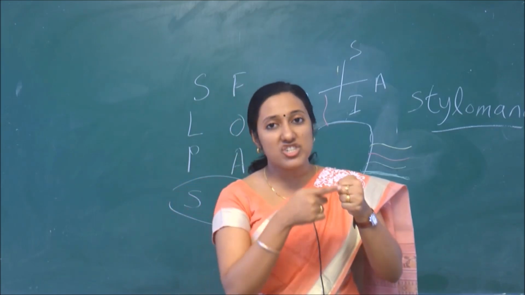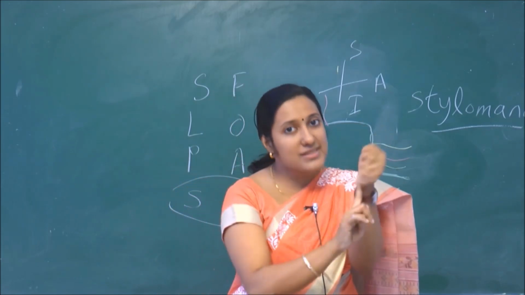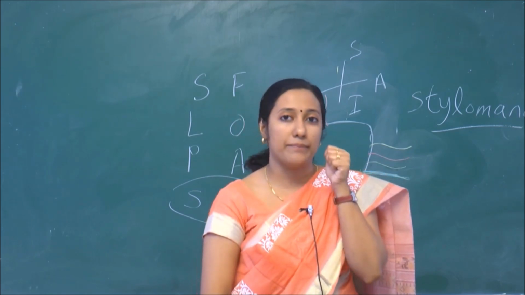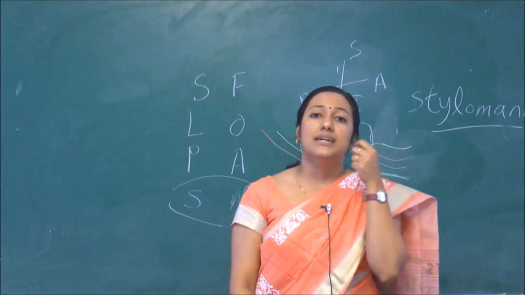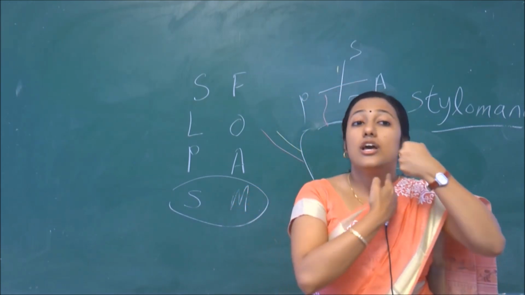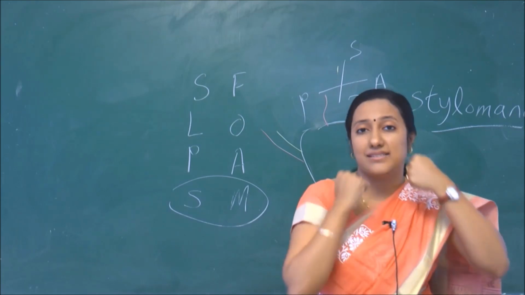So now we have finished anterior border, posterior border, and whatever is left over is the medial border. The medial border is otherwise known as the pharyngeal border. Why? Because it is in close relation with the pharynx.